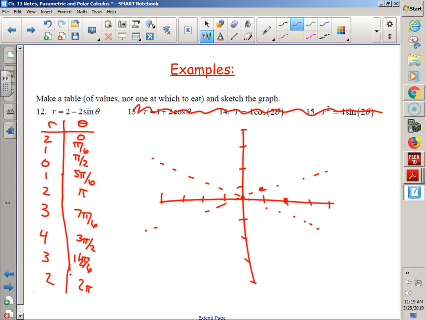Then I'm going out 1 again. Then out 2 again. Then out 3. 1, 2, 3. Then I'm going out 4. Then out 3. Then I'm going back 2.